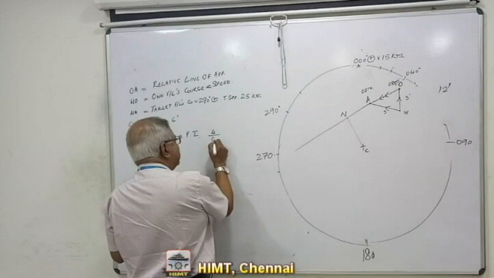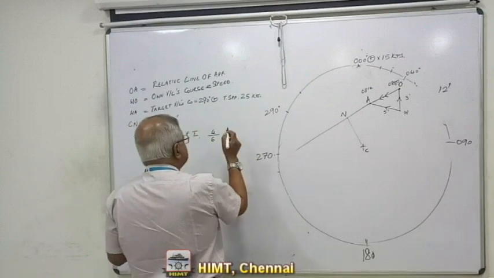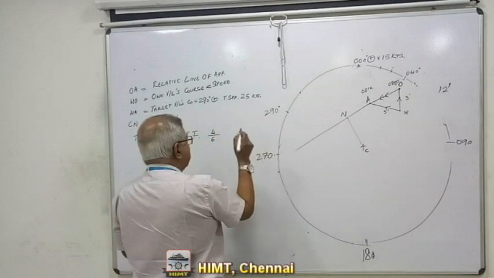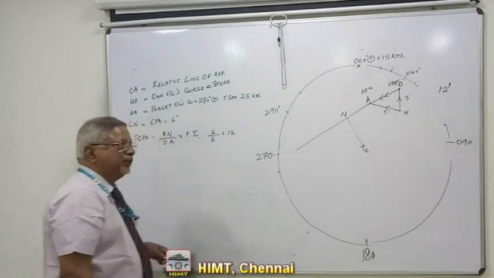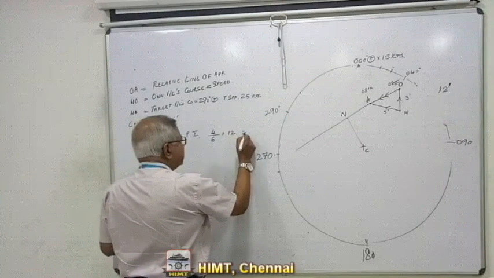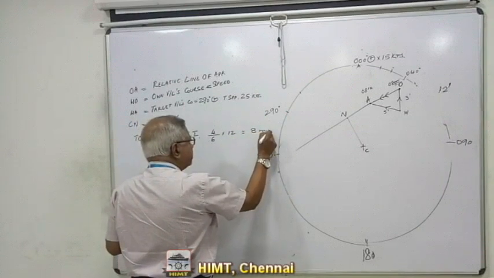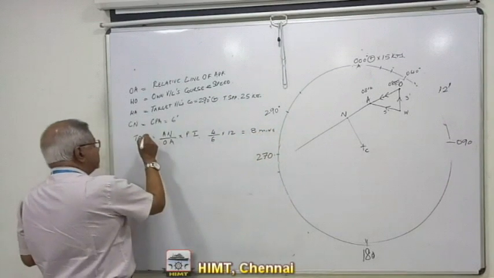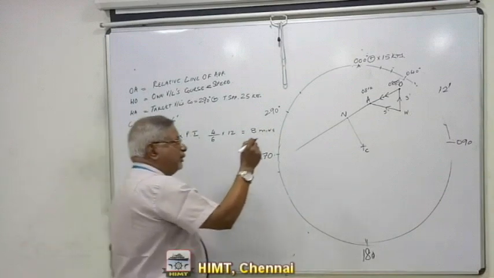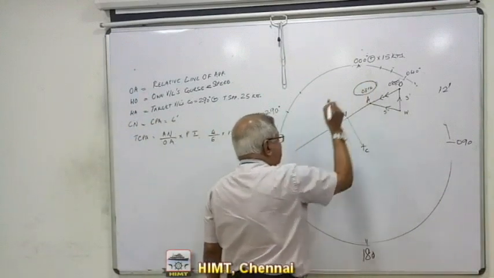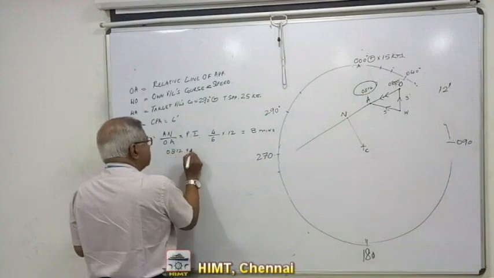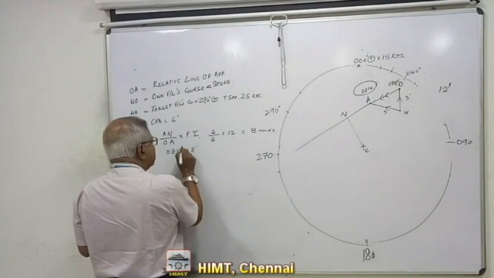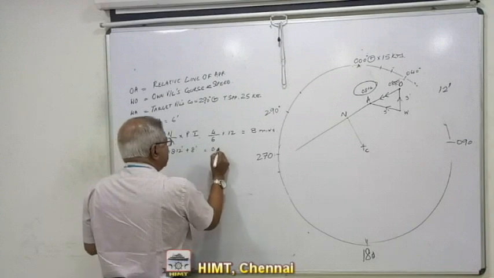And for convenience sake, I am taking OA as 6 miles into 12, 8 minutes. So 8 minutes. Now this TCPA, you are taking it from this time, 0812 plus 8 minutes is equal to 0820.